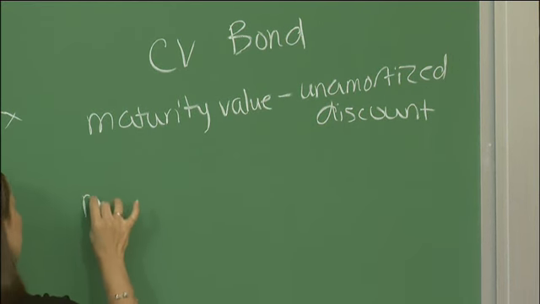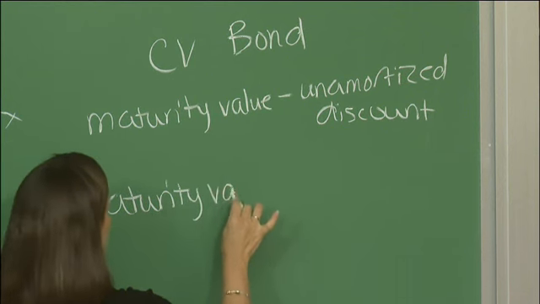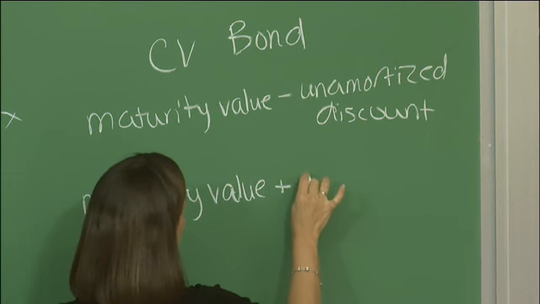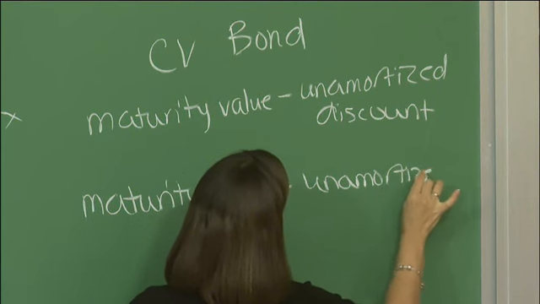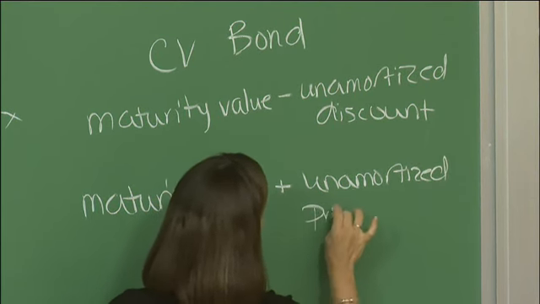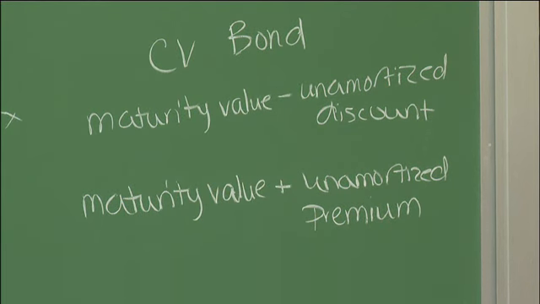In the case of a premium, your carrying value is your maturity value plus any unamortized premium. And remember, carrying value is the outstanding liability of the bond.